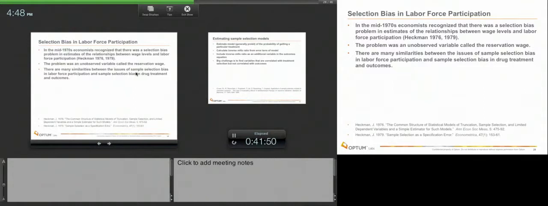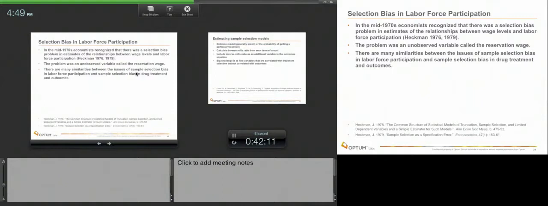in the mid-70s. So, there the challenge was the economists were naturally interested in the relationship between the number of hours that people were willing to work and the wages that were being paid. But it was like that censored sample example I gave you.